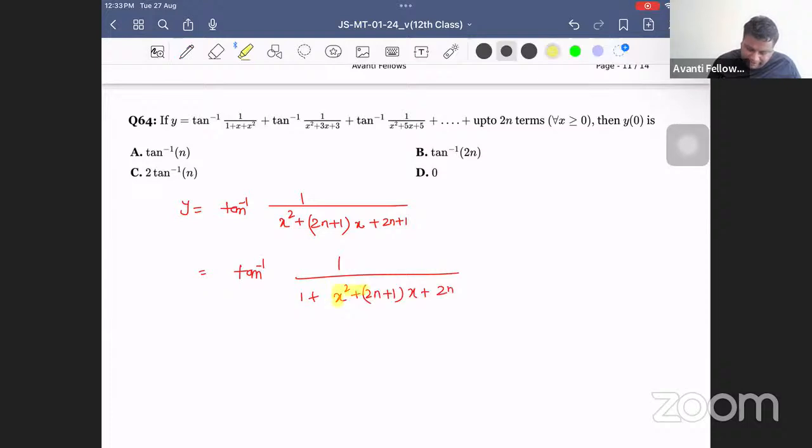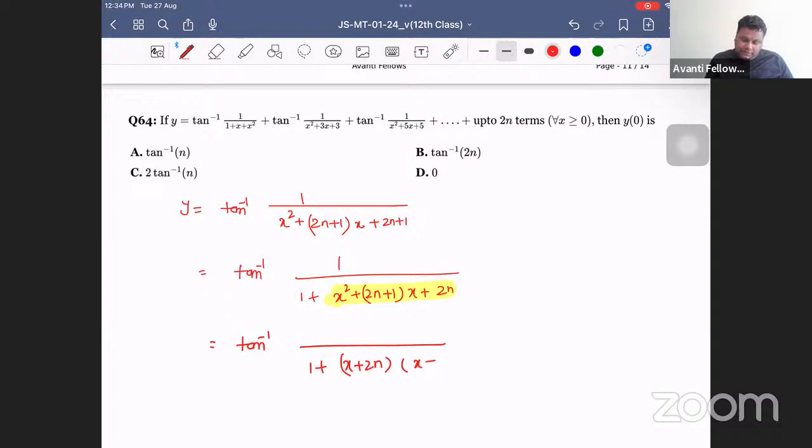If I factorize this particular portion, this will be 1 plus (x plus 2n) and (x plus n) and (x plus n plus 1).